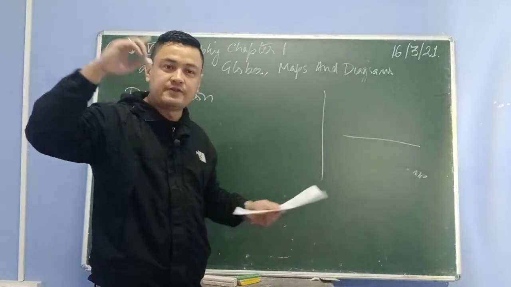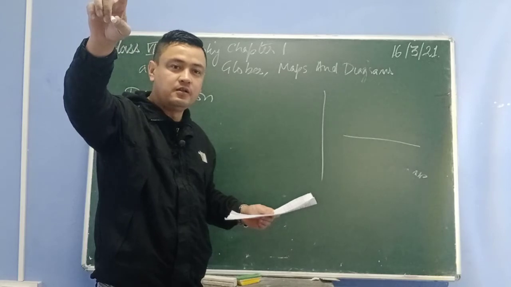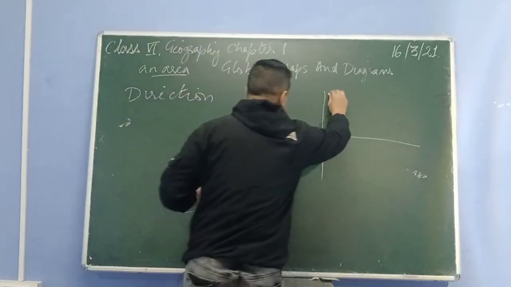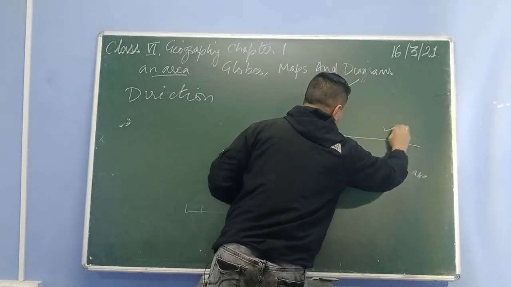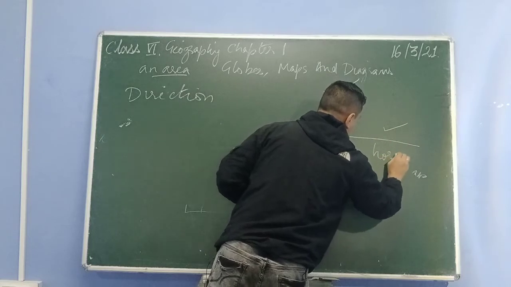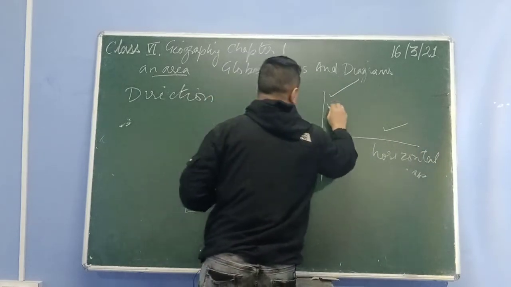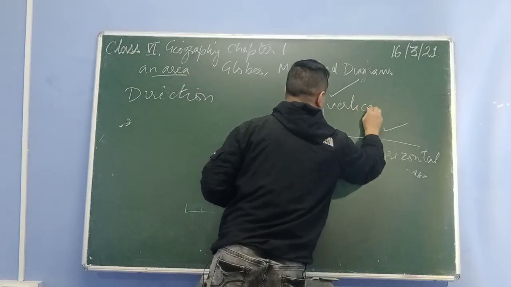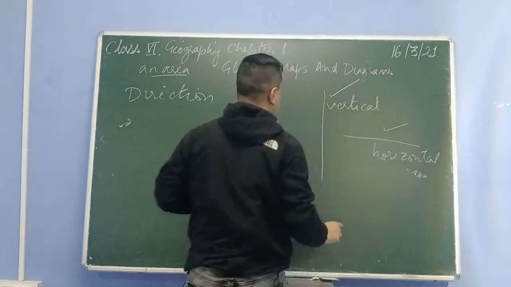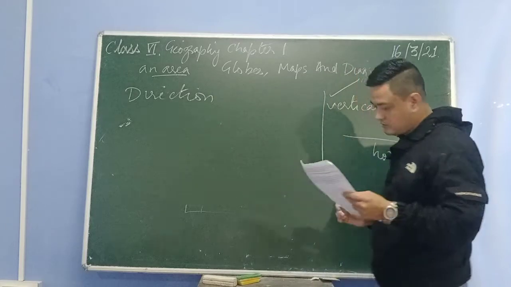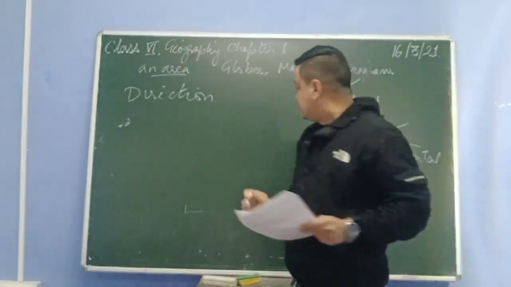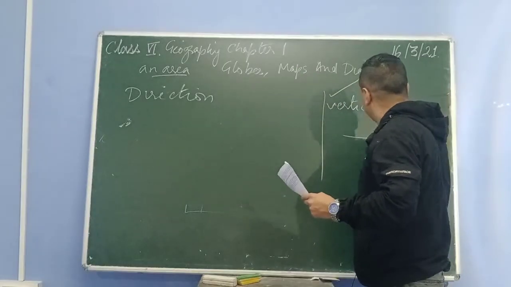Keep that in mind and write it down. Which line is called vertical? Write it down. This is called vertical line. This is called horizontal. H-O-R-I-Z-O-N-T-A-L. Horizontal line. This is called vertical. V-E-R-T-I-C-A-L. Vertical line.